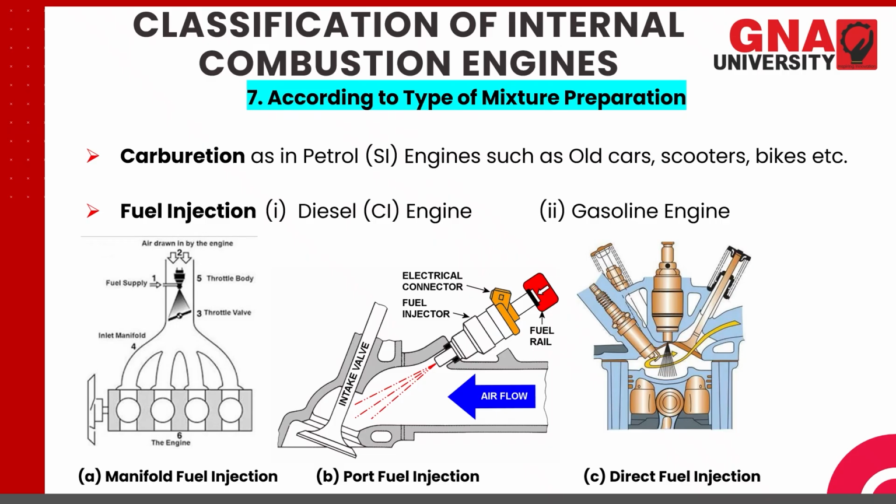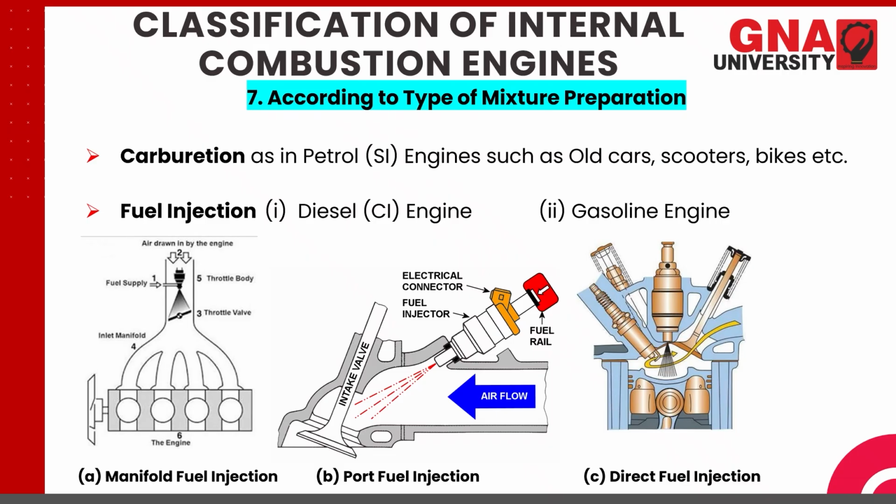Now in fuel injection we have various types. The first one is the manifold fuel injection or throttle injection. You can see this throttle is included here. Throttle valve is there through which the air is drawn by the engine and is sent into the say 4 number of cylinders which are shown here.